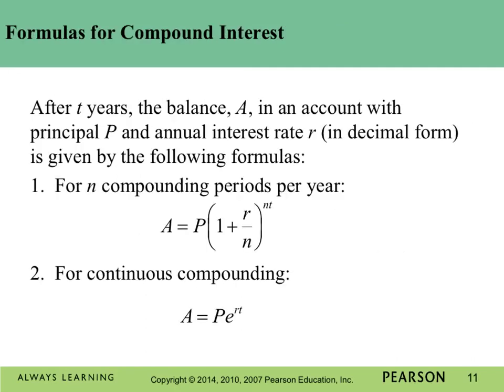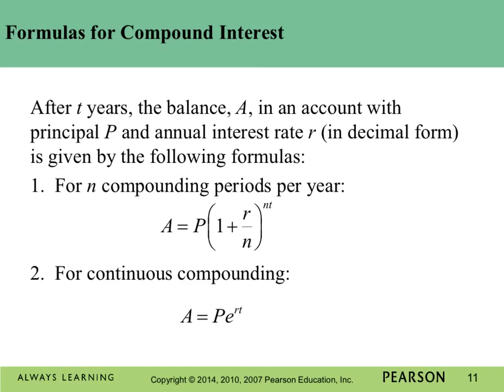Now here are your formulas for compound interest. The t in both of these formulas stands for your time. r is going to be your rate. We also have another variable in the first one, n, and that's going to be our compounding periods per year.